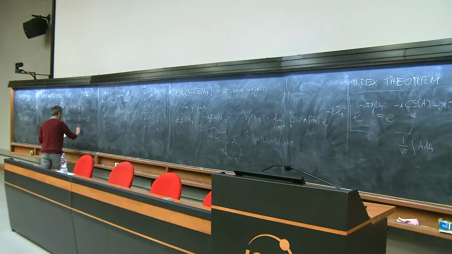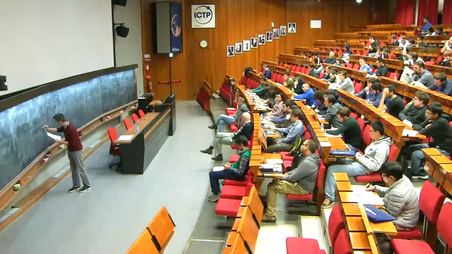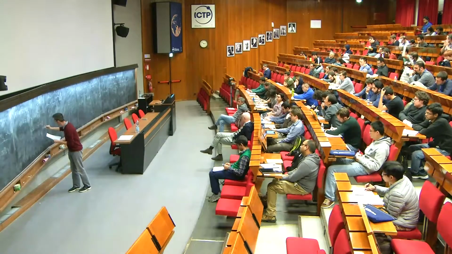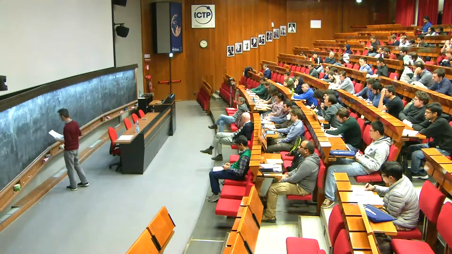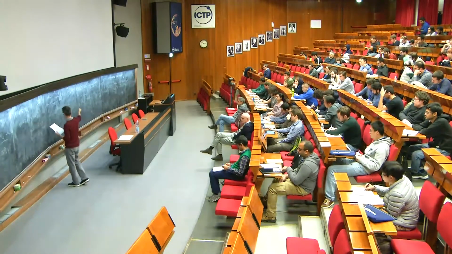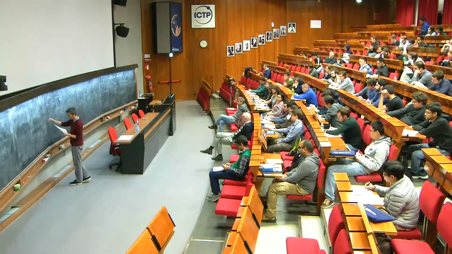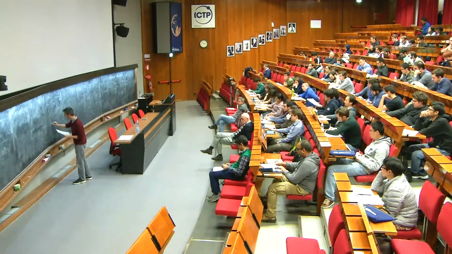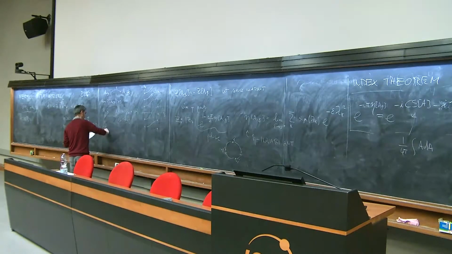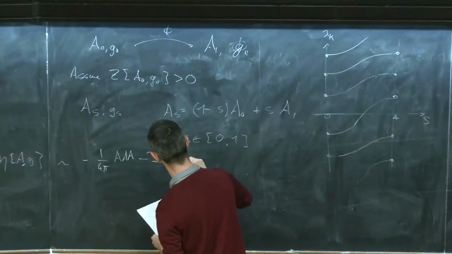Your partition function goes to e to the minus i pi eta, which you can write in terms of Chern-Simons. In terms of the effective action at low energies, this is the same as a Chern-Simons term at level -1, and then this gravitational Chern-Simons term.